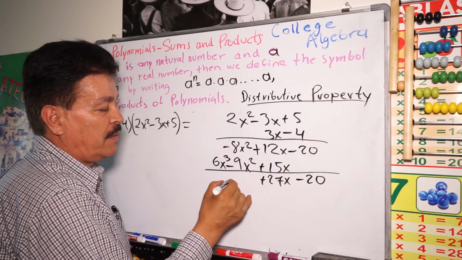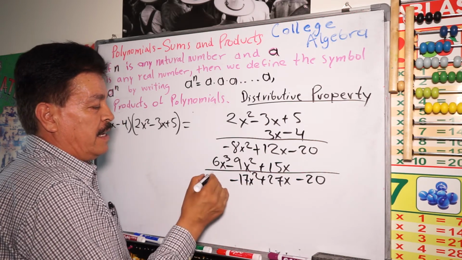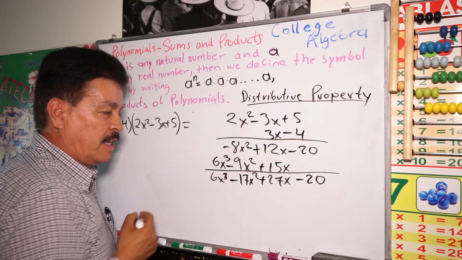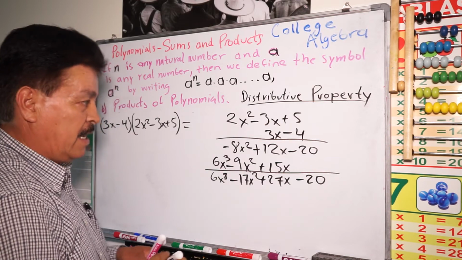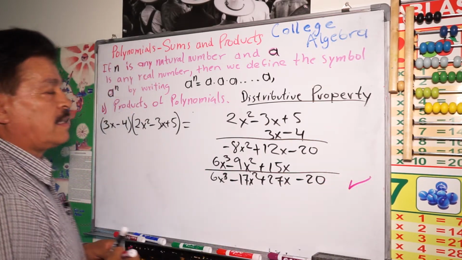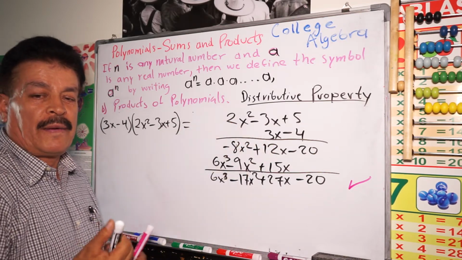Right here is going to be negative 17x squared, and then here 6x to the third power. See, so simple. This problem, I think, to me is the easier way to write the problem.